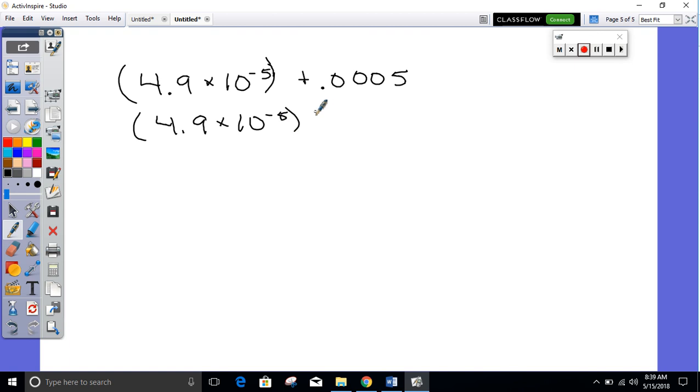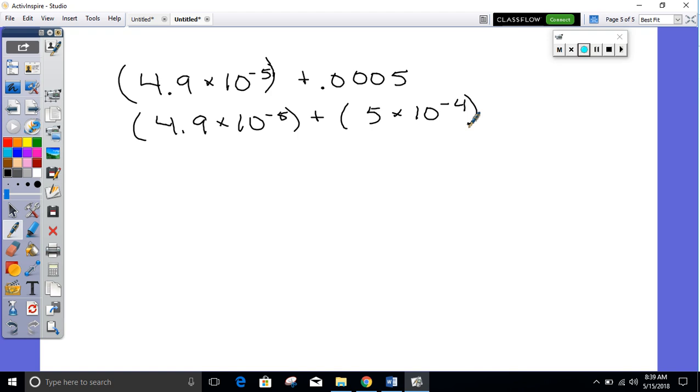What does this number become in scientific notation? Zoe? 5 times 10 to the negative 4. Good. 5 times 10 to the negative 4. Okay, now I need to change them to the same power. Reed, what power should we change them to? Both to negative 5 or both to negative 4?